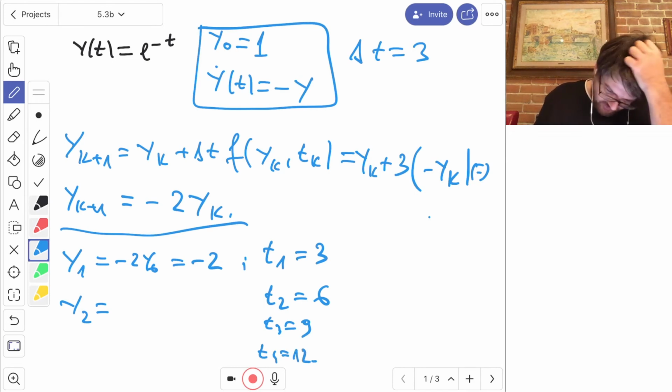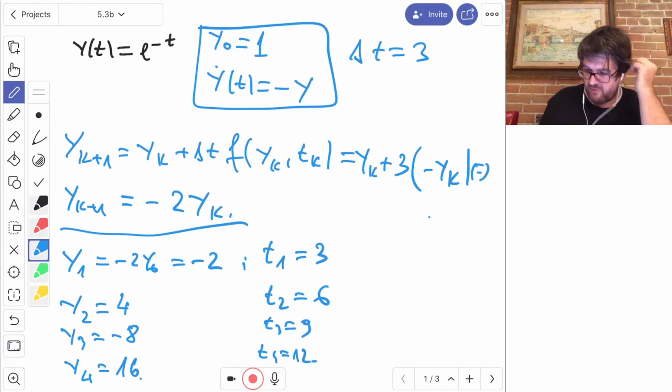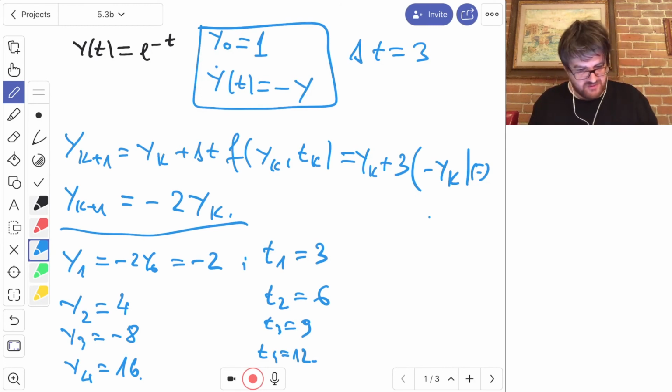So y2 is going to be minus 2 y1, so it's going to be 4. y3 is going to be minus 8, and y4 is going to be 16. I hope I did it correctly. Minus 2, 4, minus 8, 16. Okay, it seems the same.